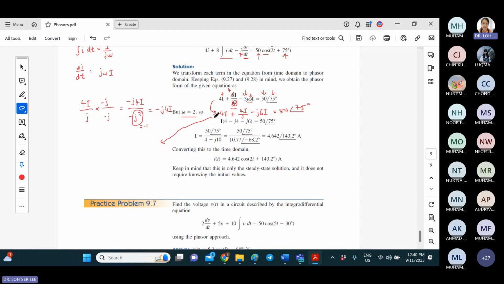So we have 4I plus this one, right? Minus J4I minus J6I equals to 50, 75. So here we factorize the I. Factorize this one, this one, this one. We have 4 minus J4 minus J6. And we can combine the J4 and J6 into J10.